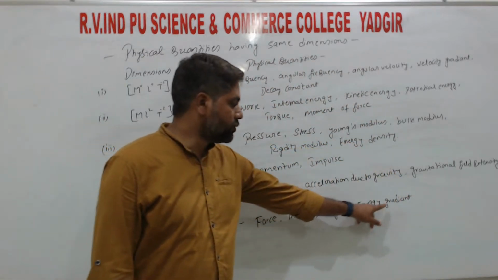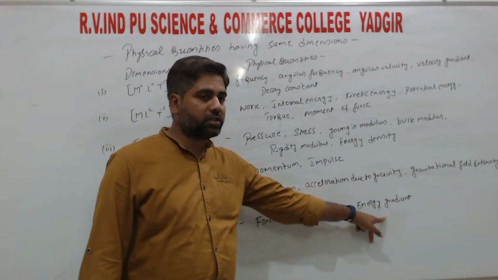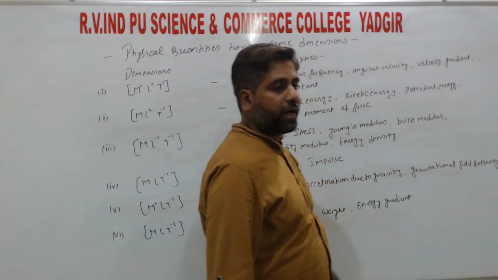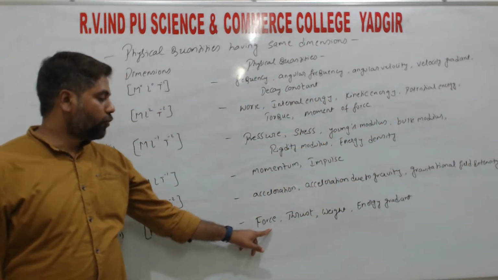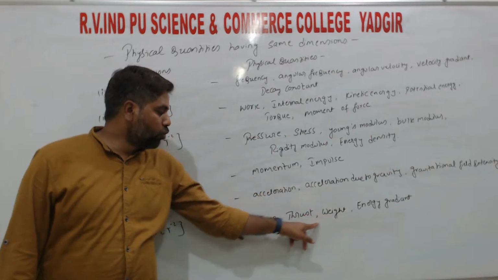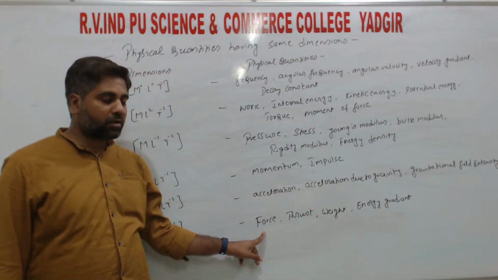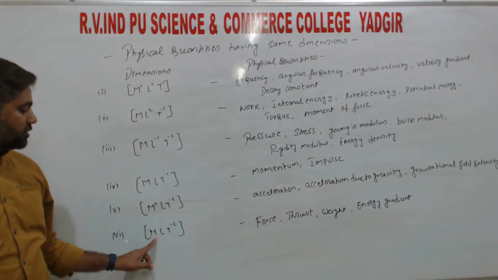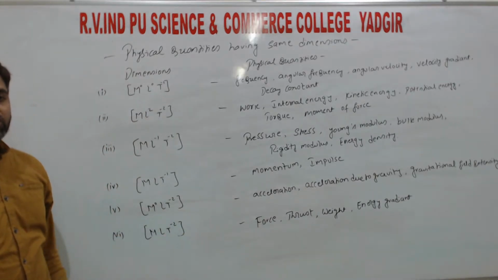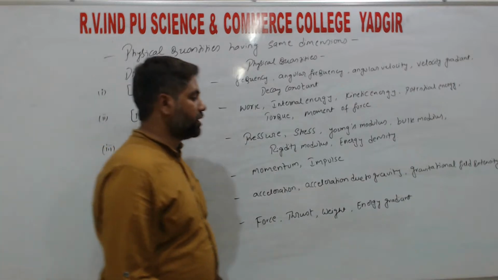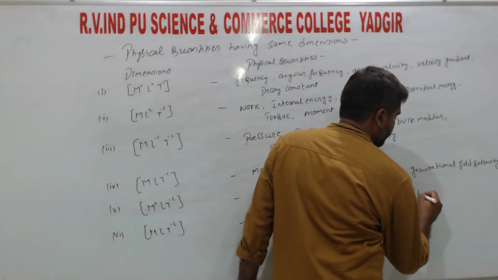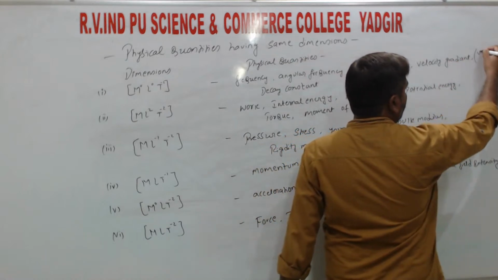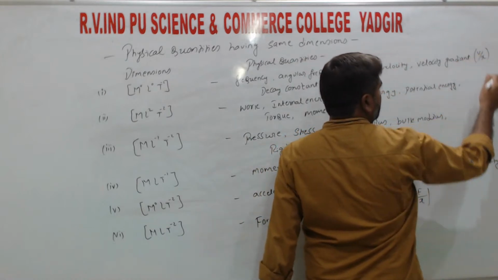So energy with respect to distance we call energy gradient. So velocity with respect to distance is velocity gradient, right? So force, thrust, weight, we consider all three as force. So all these three have the same dimensions, that is M L T power minus 2, right? So energy gradient means energy by distance, E by x. So velocity gradient means v by x.